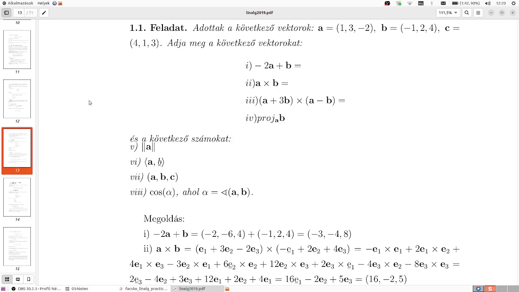The first is to calculate A cross B. I will do it, and then later you will also do it. So A cross B, sorry, it's Hungarian, A plus B.